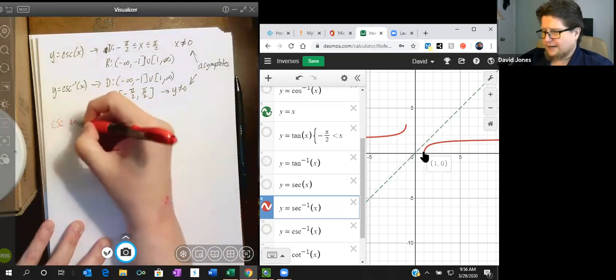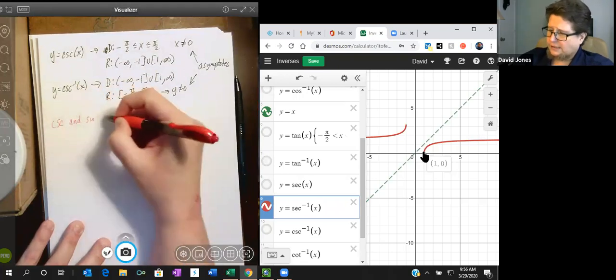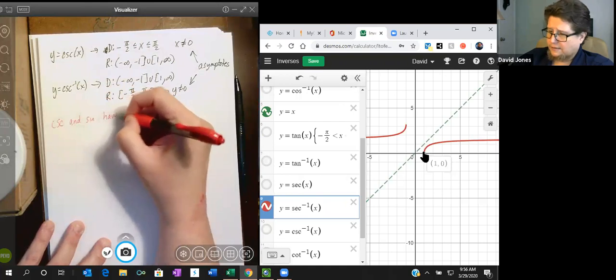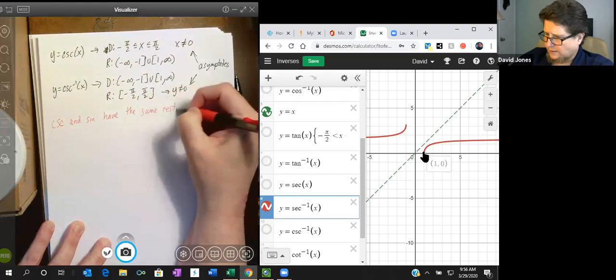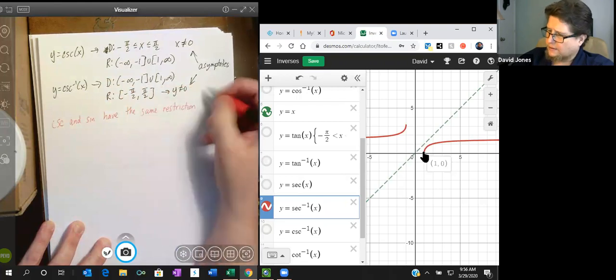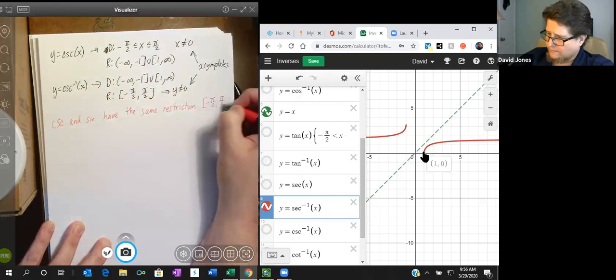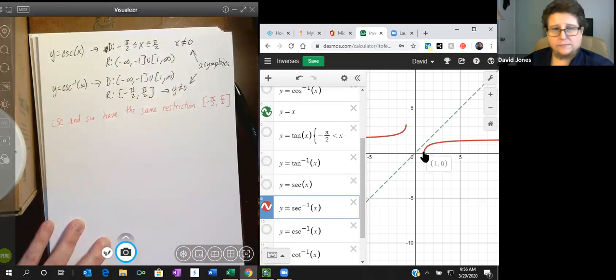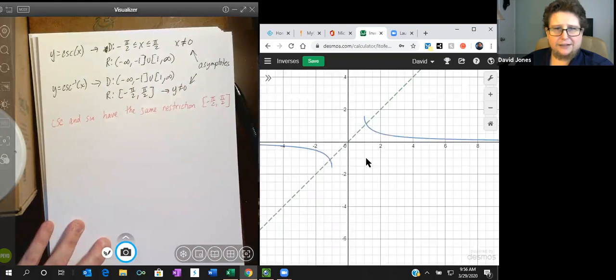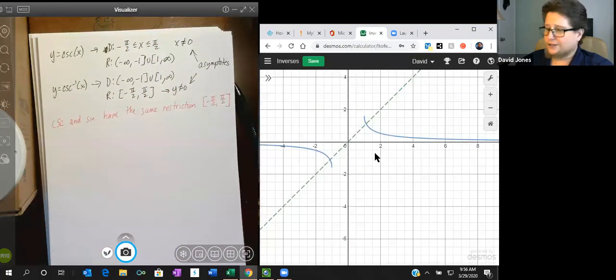Cosecant and sine have the same restriction, negative pi over 2 to pi over 2. And that's what the graph of cosecant inverse looks like.